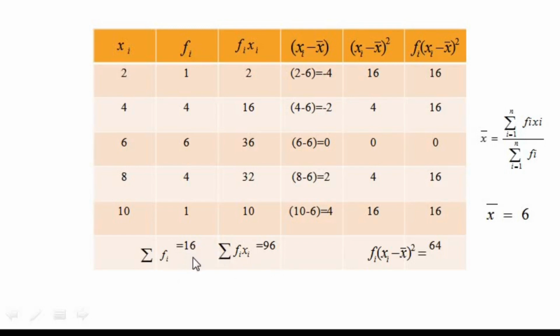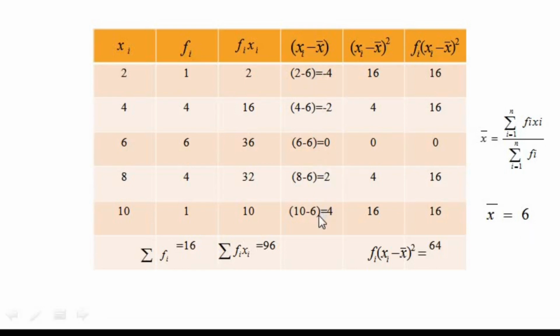Then we calculate the mean for the discrete data: x bar is equal to summation fi xi divided by summation fi, so 96 divided by 16. We get x bar equal to 6. So the mean is 6.